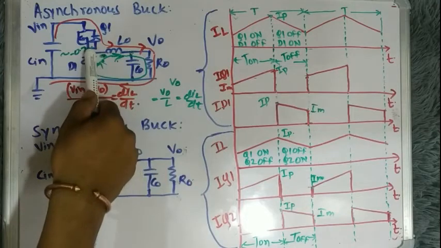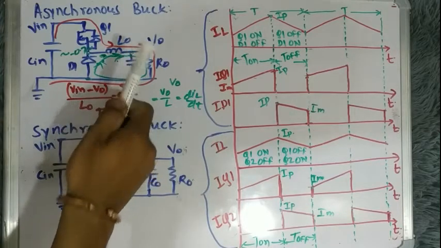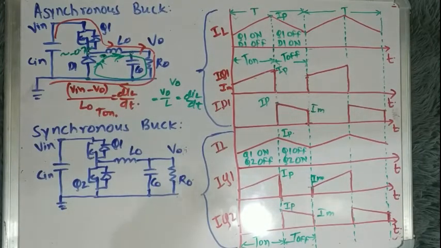This terminal is almost grounded and the other terminal has higher potential. So the voltage polarity across the inductor is reversed. That is the volt-second law of the inductor, which is very useful in DC-DC converters. So this is basically the operation of the asynchronous buck converter in CCM mode.